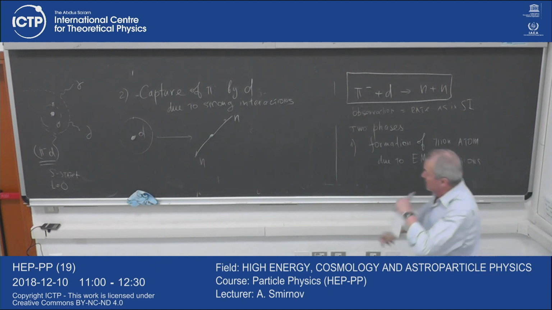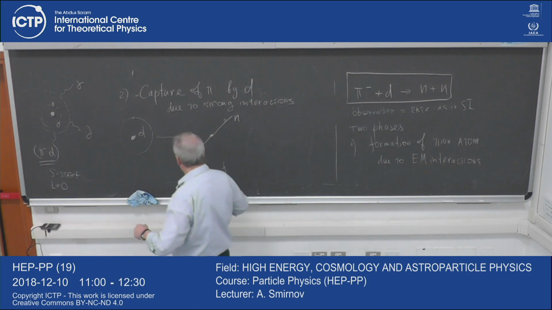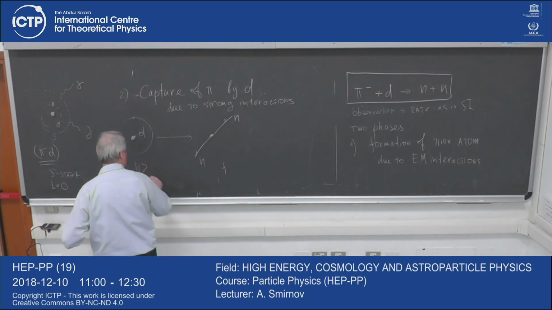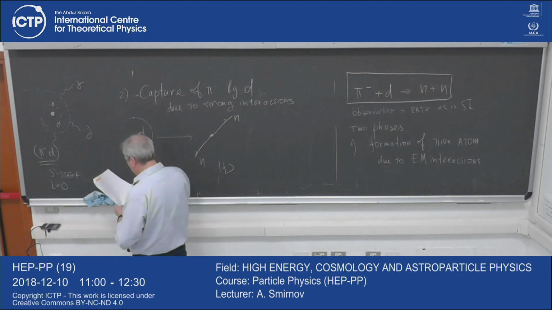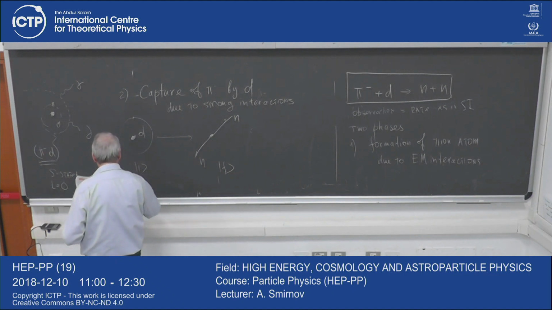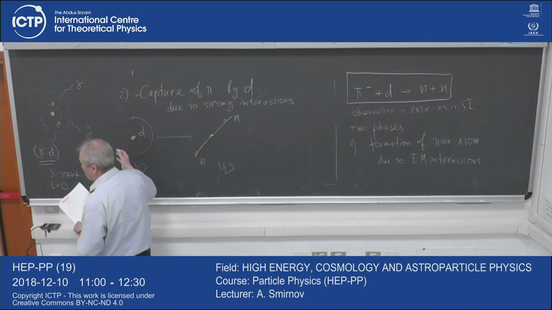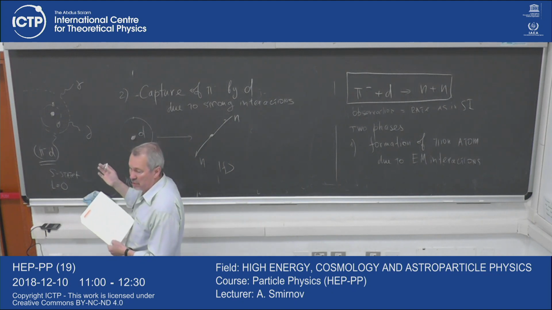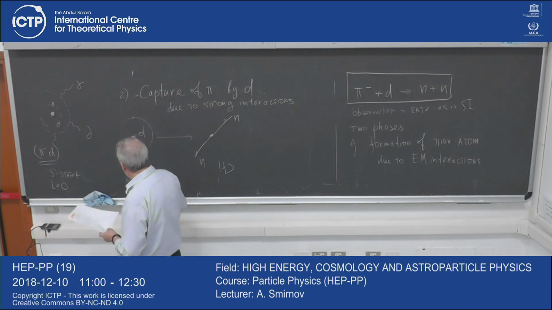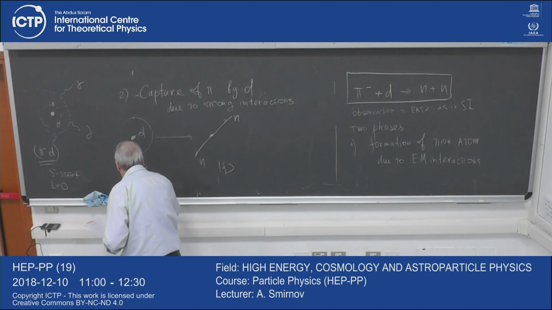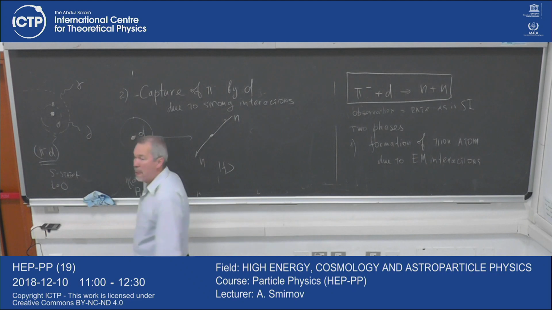So that's the initial state and this is the final state. In this initial state, because parity of deuteron is 1, so there is no intrinsic parity, we do not introduce it for deuteron, and the orbital motion is 0, and therefore the parity of the initial state is given by the parity of pion.